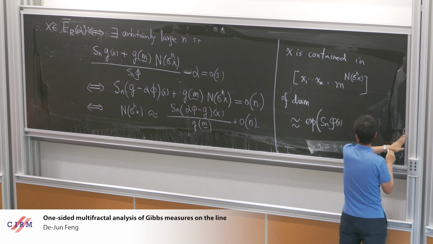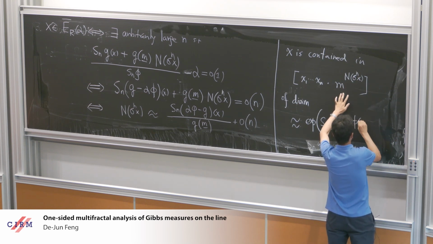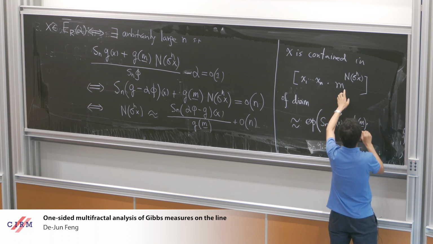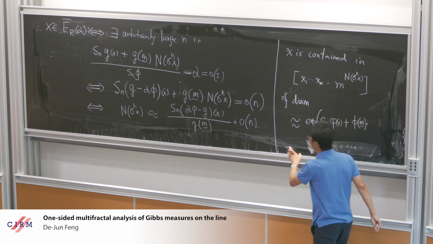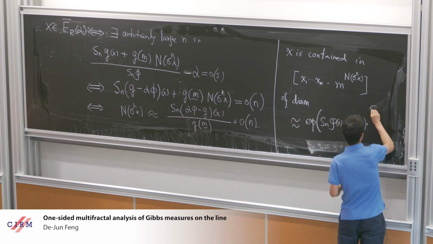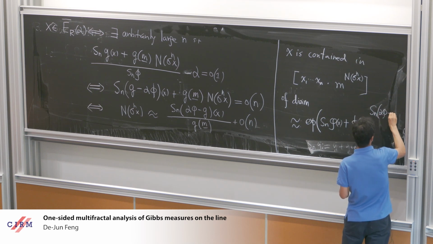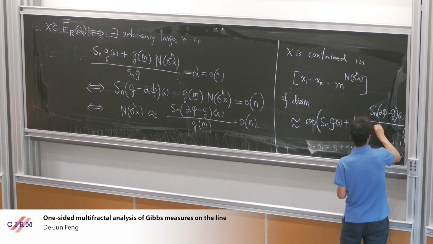And this one has a diameter, plus phi n, and n sigma^n x, is this ratio: S_n (alpha phi minus g)(x) over g(m).